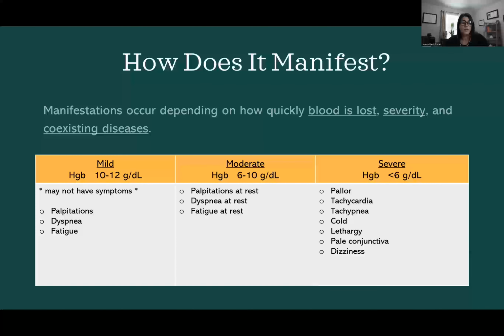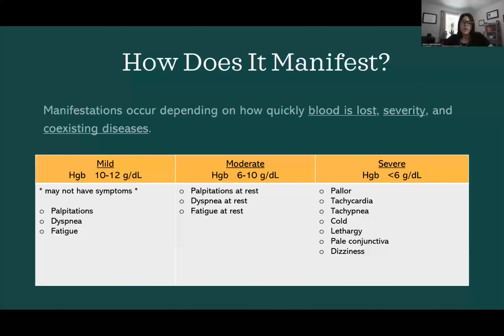Now, for severe, you can have all the previous ones, but take it a notch higher. So you'll have tachycardia, tachypnea, lethargy and fatigue, paleness, pallor, especially paleness in the conjunctiva, and then dizziness and cold.